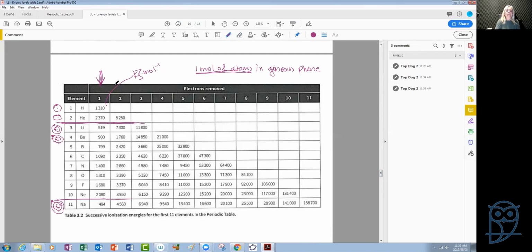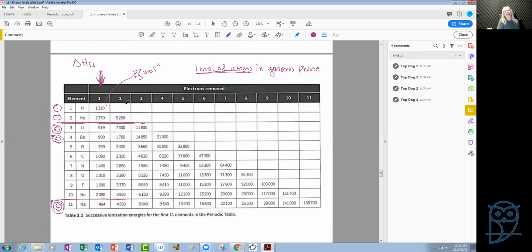Now, to remove the first electron from each of these atoms, we call it the first ionization energy, and it has the symbol I1. This little I means ionization, the 1 means the first ionization energy.